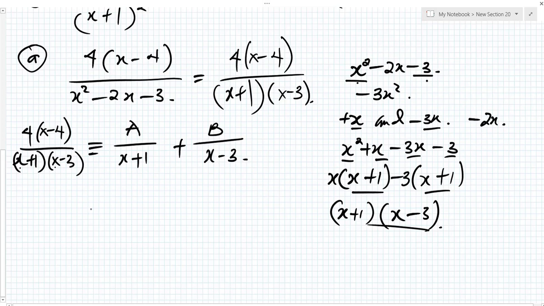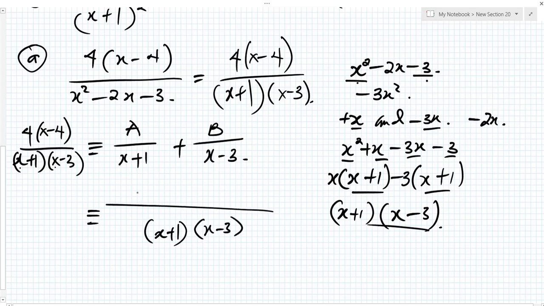So this is also equivalent to, now what is the lowest common denominator? The lowest common denominator is x plus 1 times x minus 3. So now I will say the common denominator is x plus 1 and x minus 3.